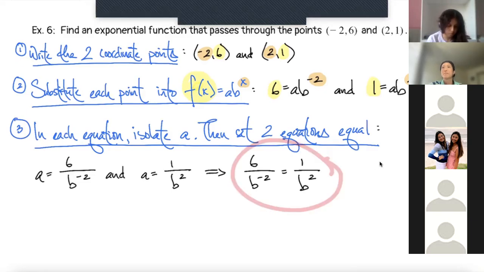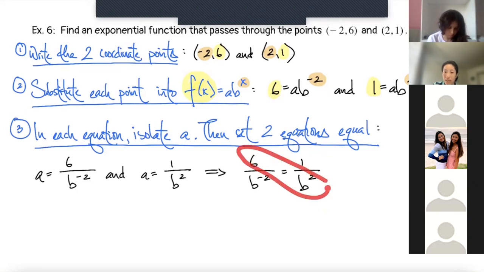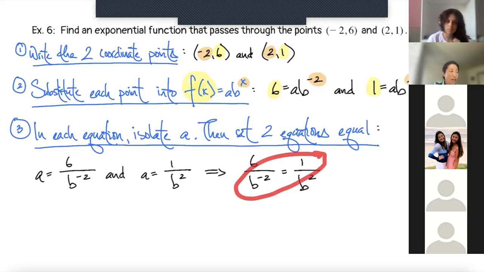When I see a fraction equals a fraction, we can cross multiply. In other words, we can do 6 times B squared, right? That part of the cross equals 1 times B to the negative 2.